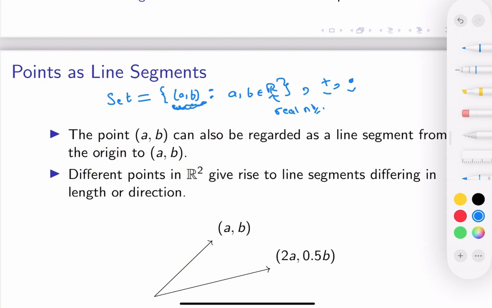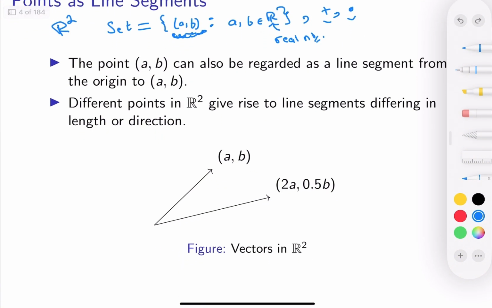But let me tell you, for example, here, how can you equip R2, which is the set of all such points, how can you endow it with addition and multiplication? So I remind you, for example, if you have a vector AB, and if you look at the Cartesian plane, let's say that it's of this form.